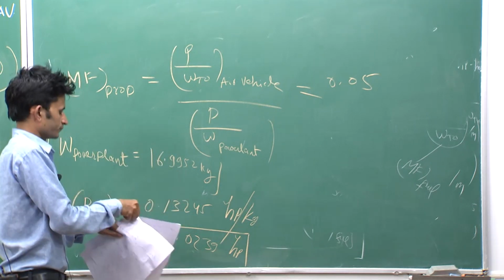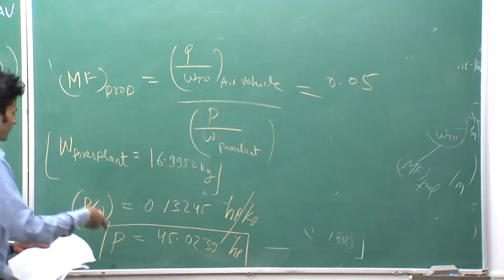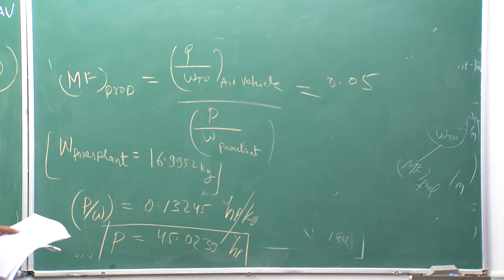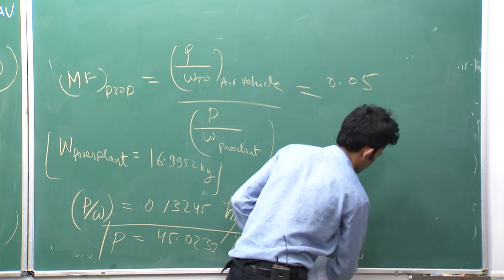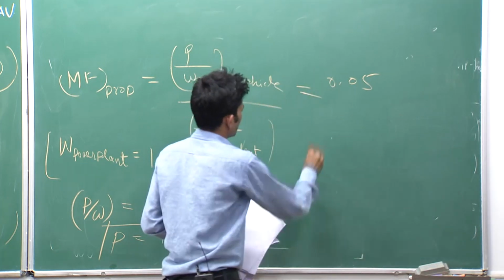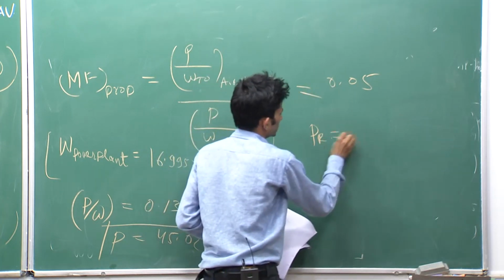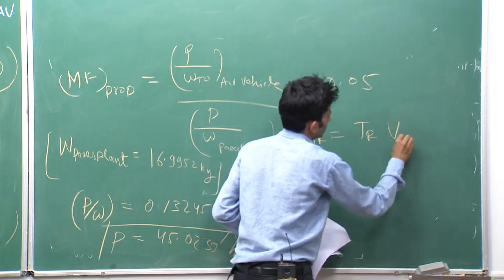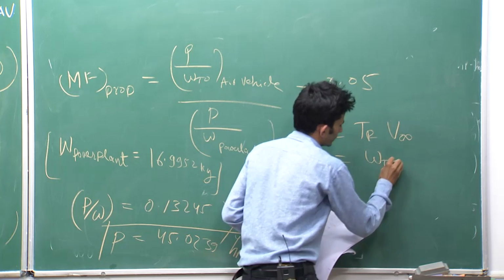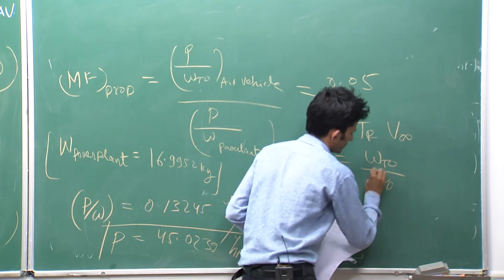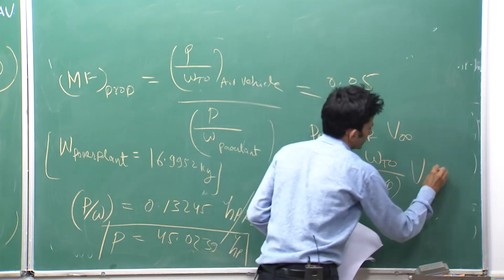Suppose that with this power the UAV is flying, then what will be the speed? In the next question you have to find that. You know power required is thrust required into velocity, and thrust required is W takeoff divided by L by D at cruise condition.